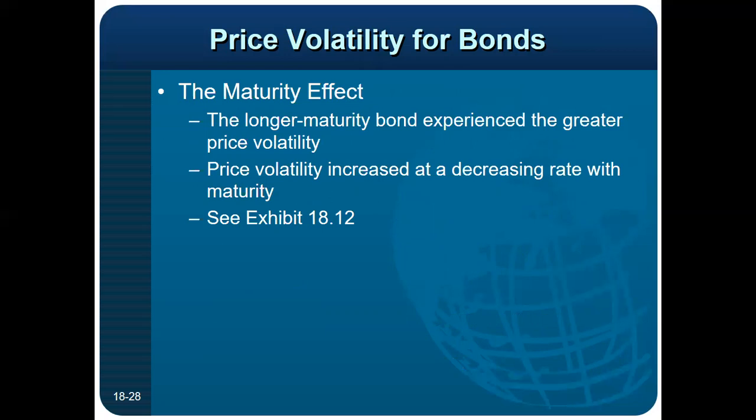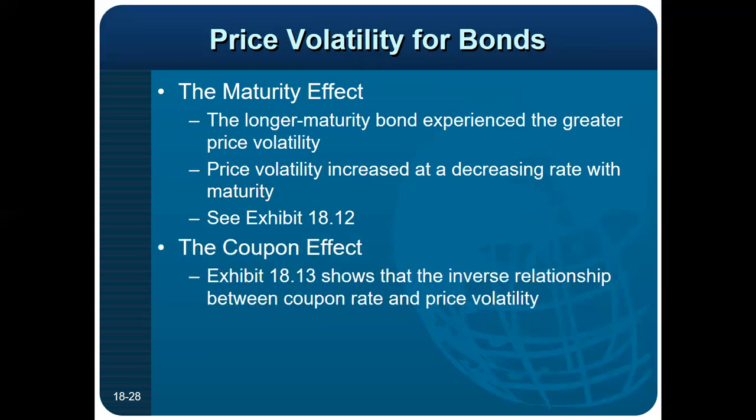So the maturity effect, the price volatility also depends on the maturity effect. So the longer maturity bond experiences a greater price volatility. Price volatility increases at a decreasing rate with the maturity. Let us look at exhibit 18.12.